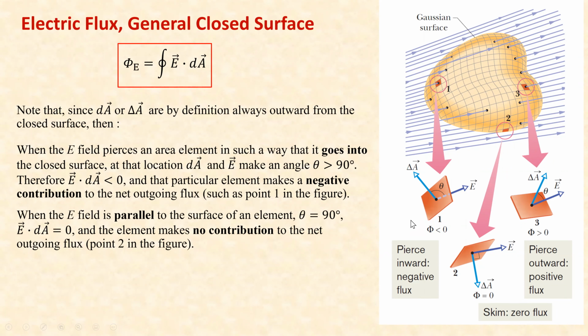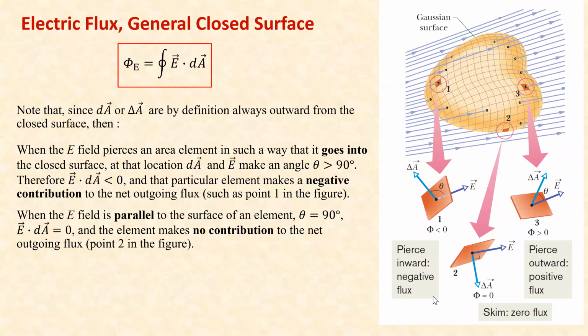But when the E field is parallel to the surface of an element, theta is 90 degrees, E dot dA is 0, and the element makes no contribution to the outgoing flux, like in this point number 2. You see that the electric field at that point is parallel to the surface, and dA is perpendicular to the surface, so the angle between them is 90 degrees.